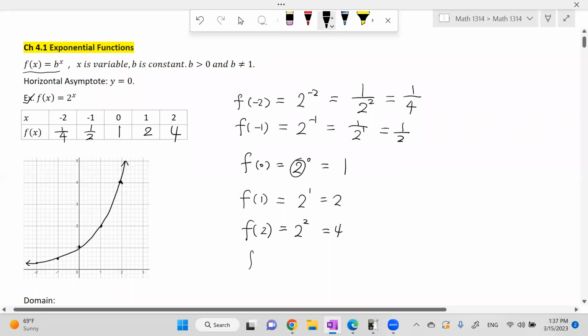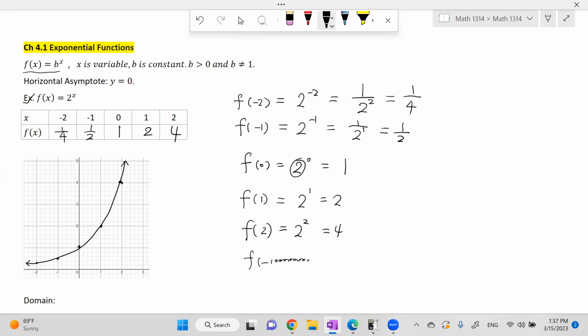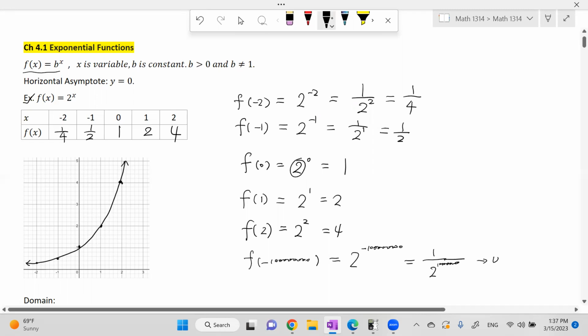If I plug in negative infinity, for example, a very big number, into the function, we have 2 to the negative, a huge number. If I see the negative, I flip the base, 2 to the bottom, raise it to a very huge power. It converges to 0, but never equals 0.